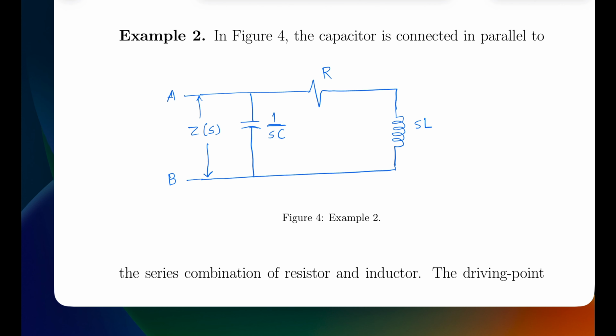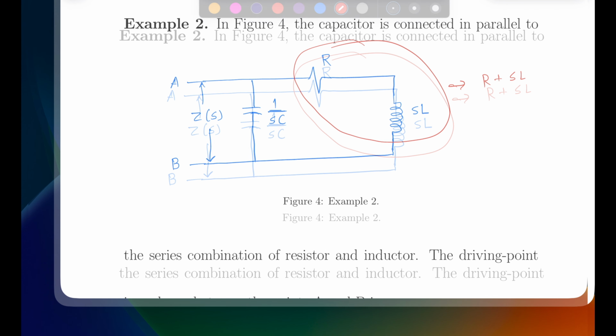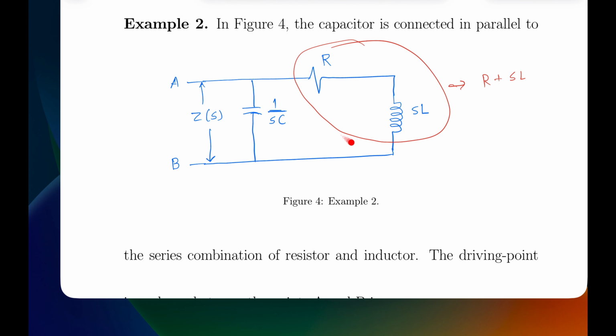So we have to find out the driving point impedance between the points A and B. Now see, the equivalent impedance of this R and L will be R plus sL. With this series combination of R and L, we have a capacitor C in parallel.